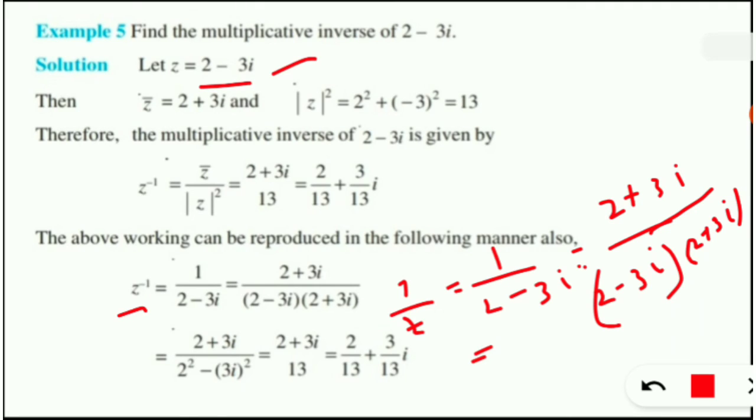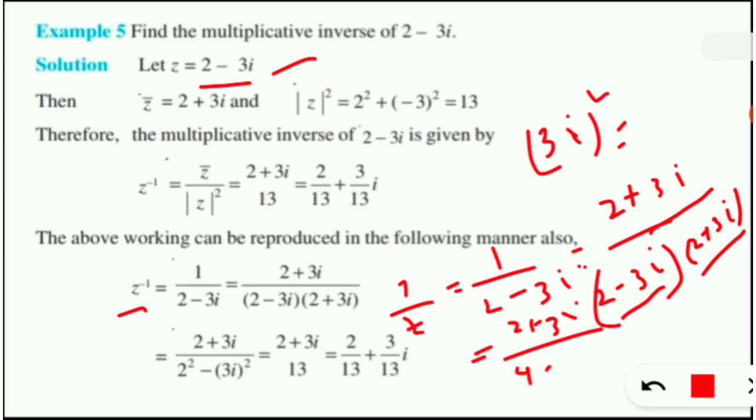So in the numerator 2 plus 3i, and in the denominator 2 plus 3i times 2 minus 3i, which is a plus b into a minus b, that means 2 square minus 3i whole square, equal to 4 minus 9i square. I square equals minus 1, so minus of minus 9 means plus 9. Clear?